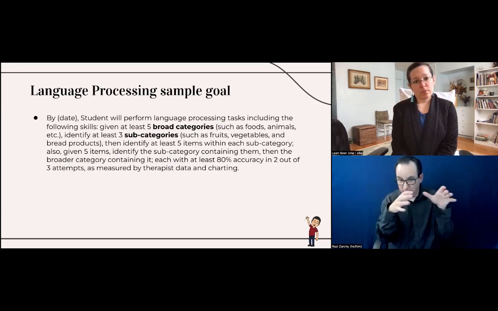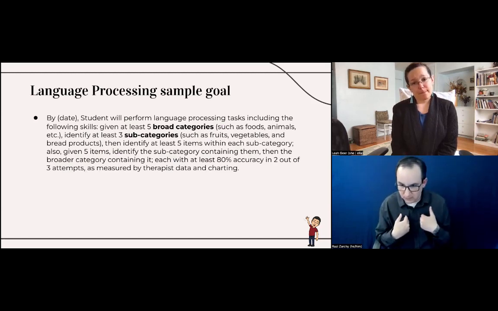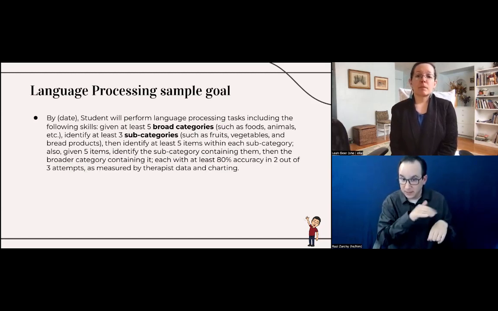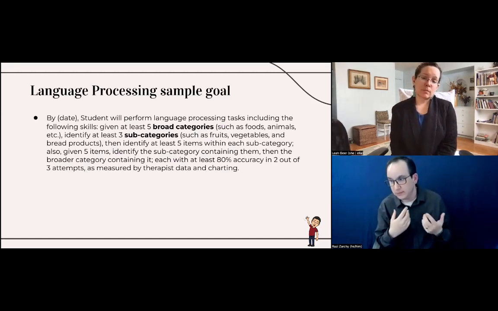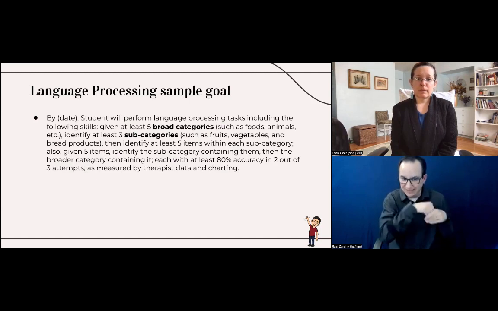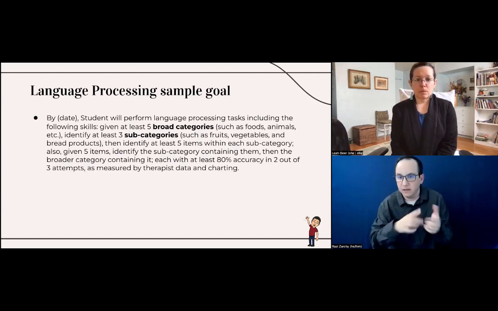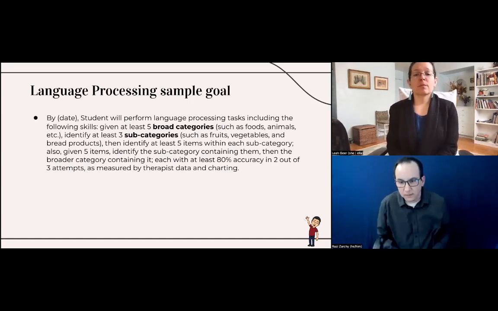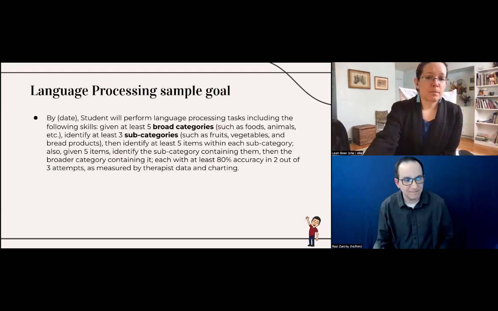After working on those 5 broad categories, such as animals, then those subcategories, such as domestic pets, stuff like that, and animals that may be within those subcategories, then the student was able to retrieve a lot more fluently and quickly.